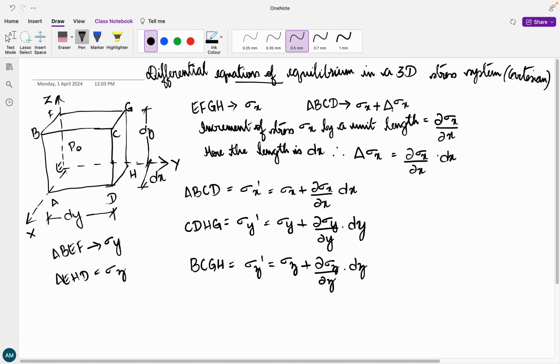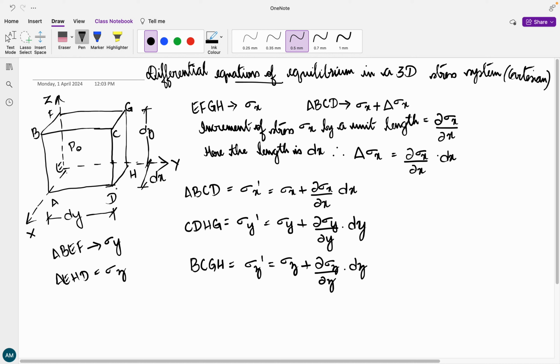Definitely there has to be an increment with respect to the same normal stress. So it is sigma X plus delta sigma X. So for A, B, C, D, sigma X dash is equal to sigma X plus the increment, that is dou sigma X by dou X into dx.